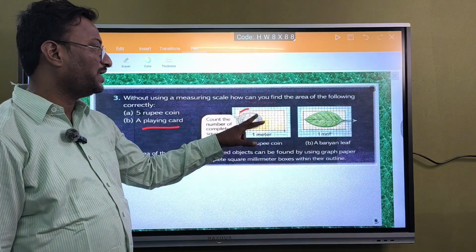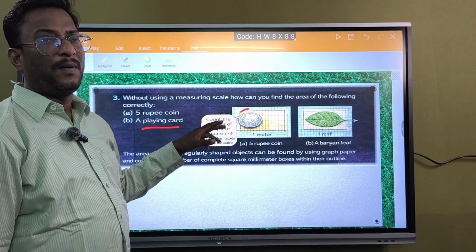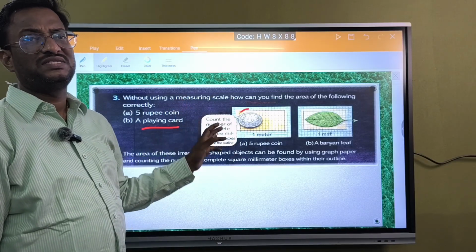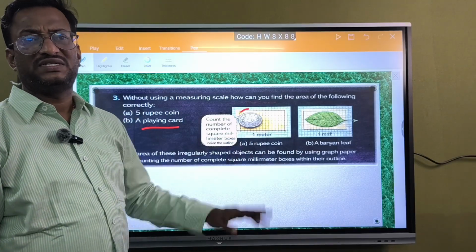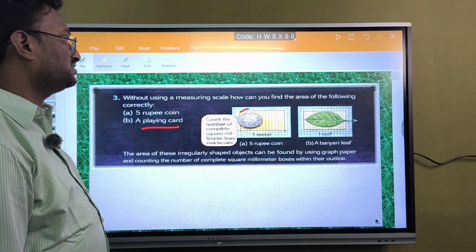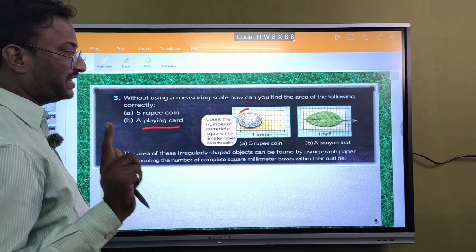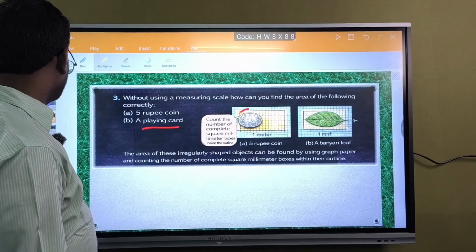First draw an outline, then count the complete squares once, and count half or more than half squares a second time. Complete squares plus half into incomplete squares will give the area. It is an approximate area, remember that children. It is not the exact area.